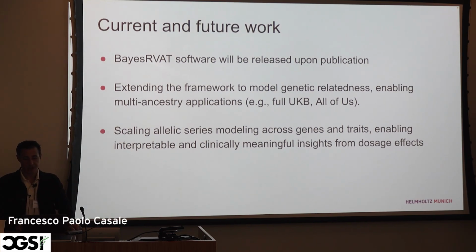And then there is this idea of integrating annotations to define allelic series: how increased disruption of a gene affects phenotype. We're excited about extending this concept across genes and traits, and potentially enabling interpretable and clinically meaningful insights from these dosage effects.